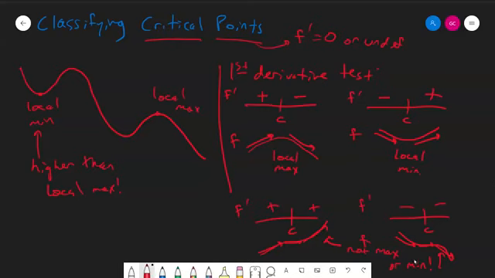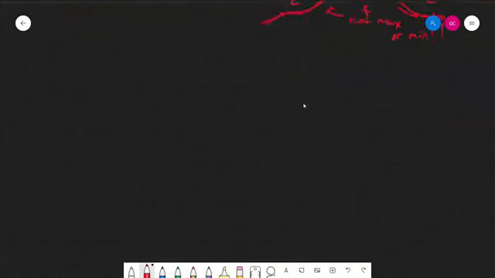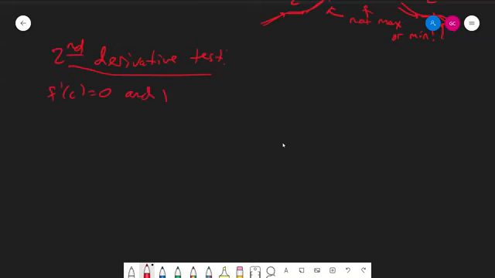Now, how can you use the second derivative to accomplish something similar? Let's look at the second derivative test. Suppose that f prime of c is 0, and that f double prime of c is positive. What does that mean? Well, f prime of c is 0 means the derivative is 0, the tangent line is briefly horizontal.